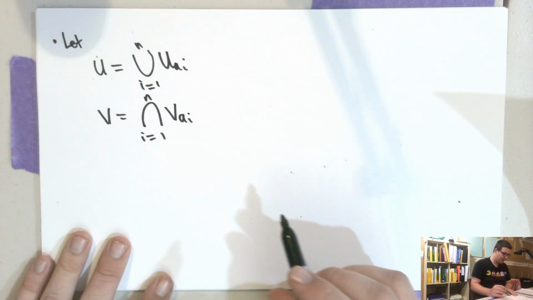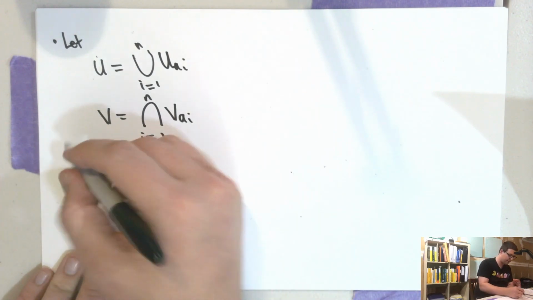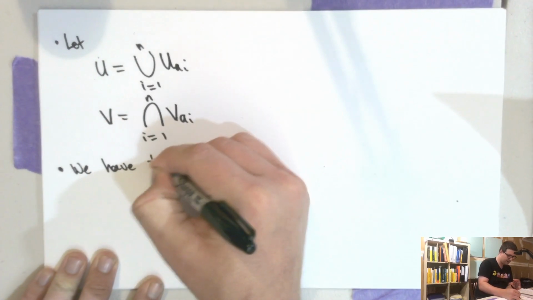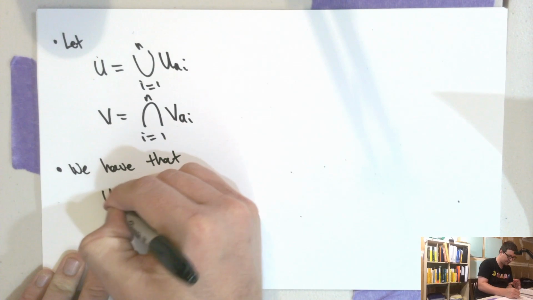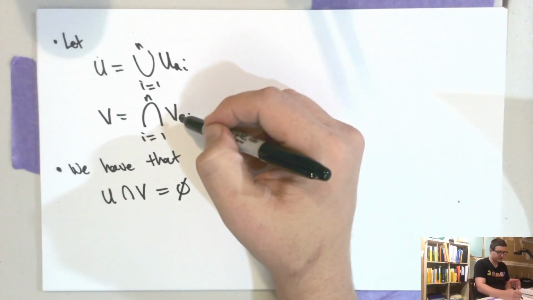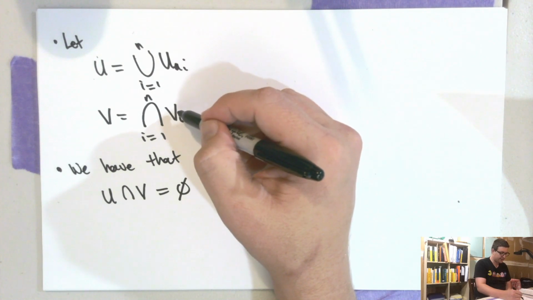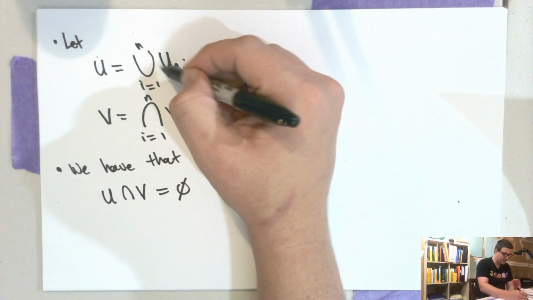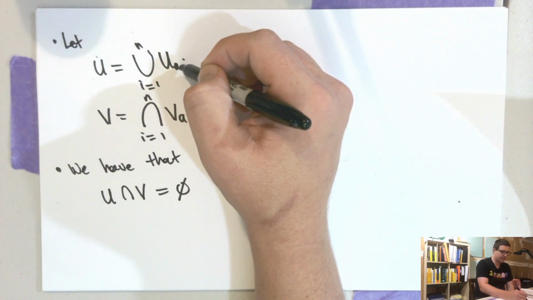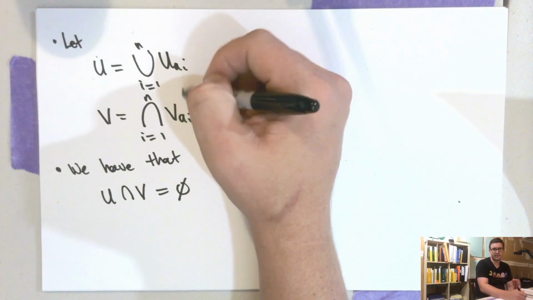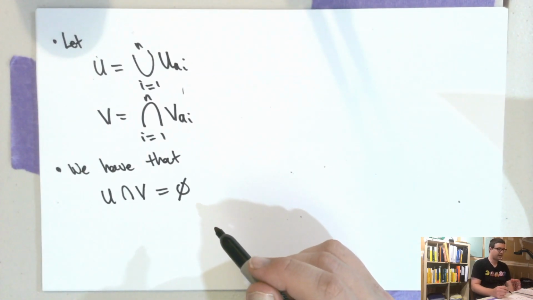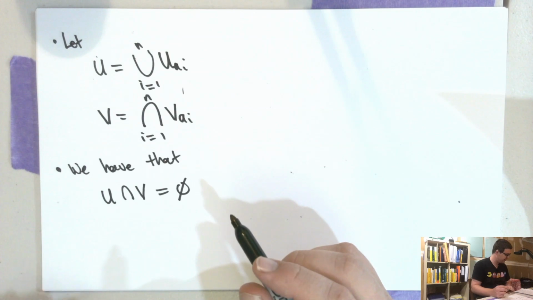We also have that their intersection is empty, because the intersection of V with each one of those little U of a_i is empty, since U of a_i intersect V of a_i is empty.